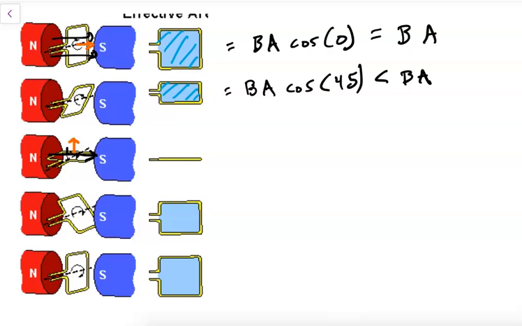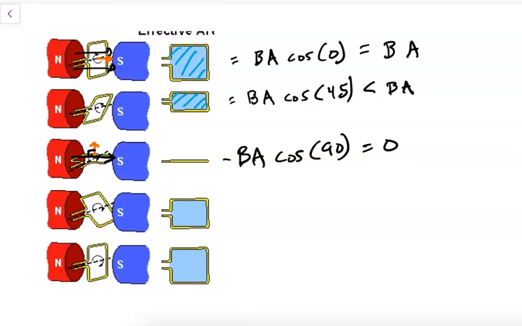So that's going to be a right angle. So this is going to be BA cosine of 90, which is 0. This is also shown by this image where there's no effective area, no magnetic field lines passing through, so there's no magnetic flux.